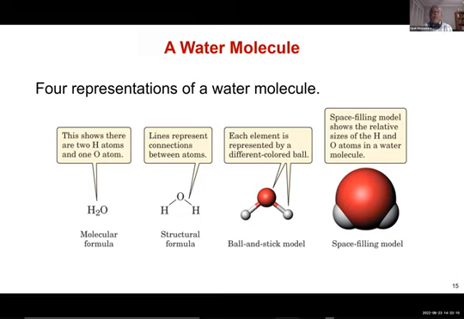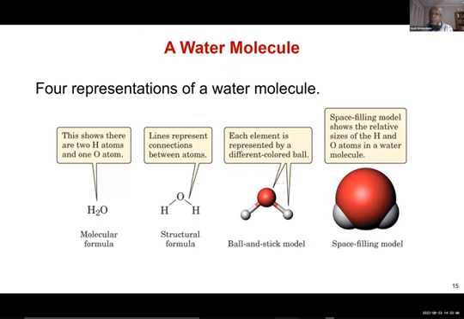A water molecule could be represented by the molecular formula, which is H2O; a structural formula that shows the bonds; a ball and stick model, which pictorially shows the attachment of oxygen, red balls, to hydrogen, gray balls; and a space filling model, which shows the distribution of electrons in the atom.